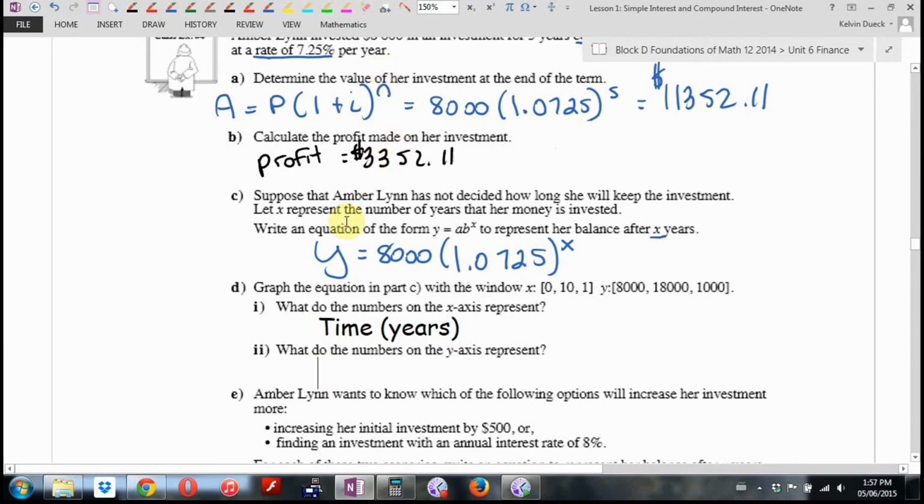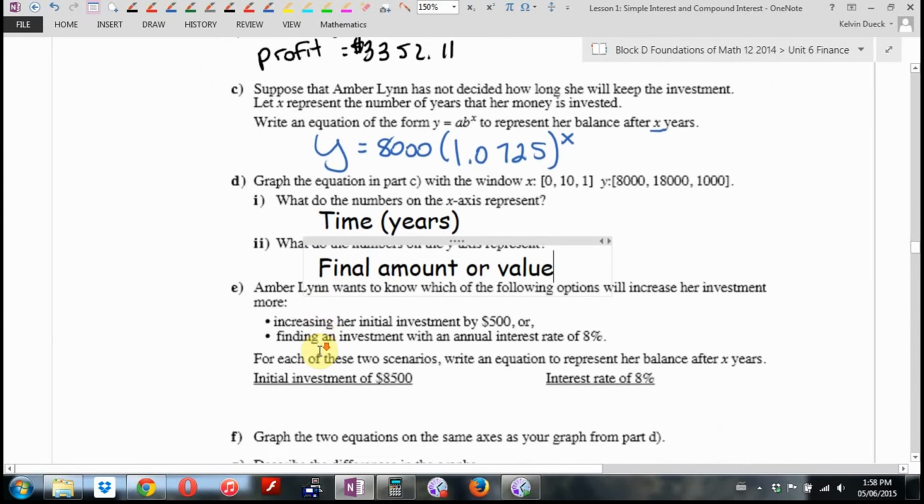What do the y numbers represent? Well, the y is sitting right where the A was sitting. Value, overall value. Final amount or value. Okay?